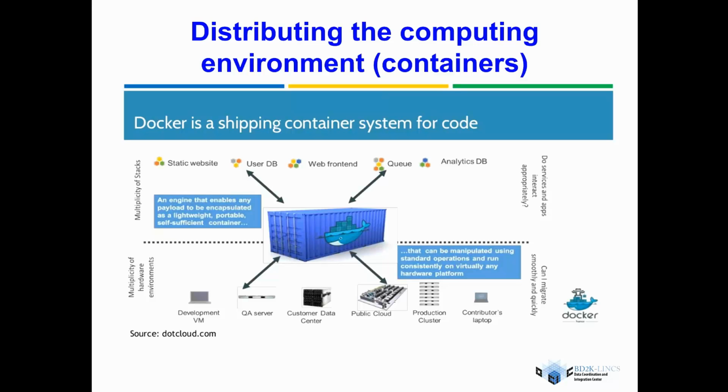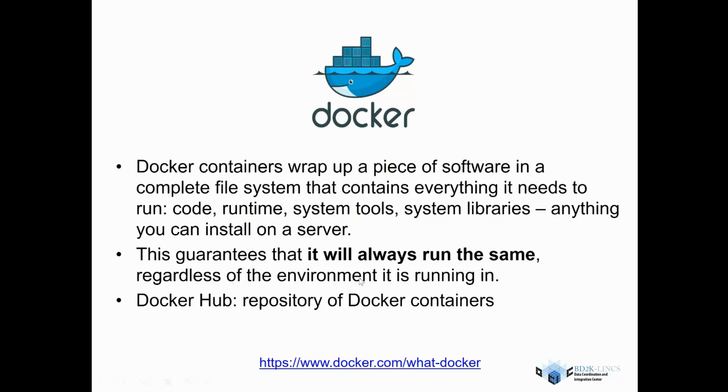It's become a pretty standard piece of software on all platforms and most cloud platforms as well. So basically what a Docker container does is it wraps up a piece of software in a complete file system that contains everything it needs to run: the code, the runtime tools, system libraries, everything that you would actually install on a server.